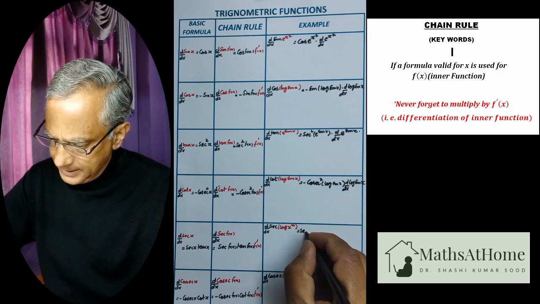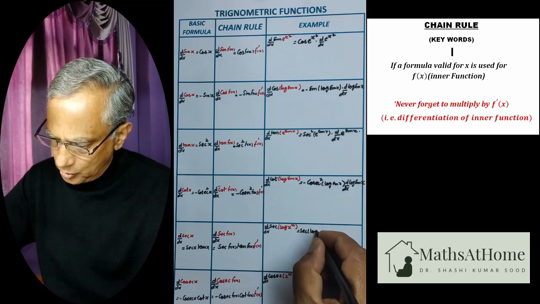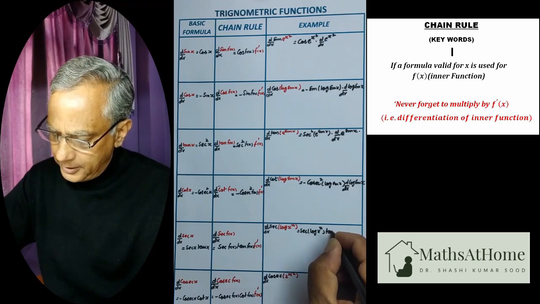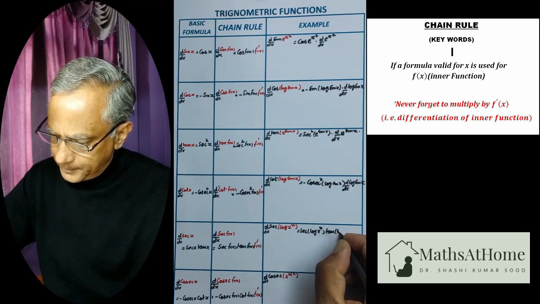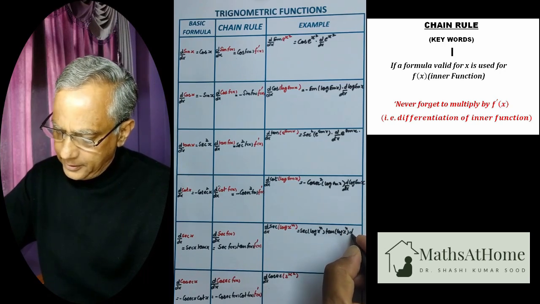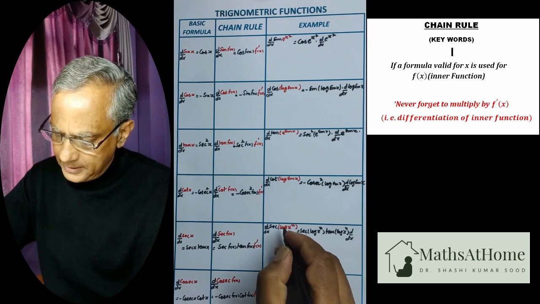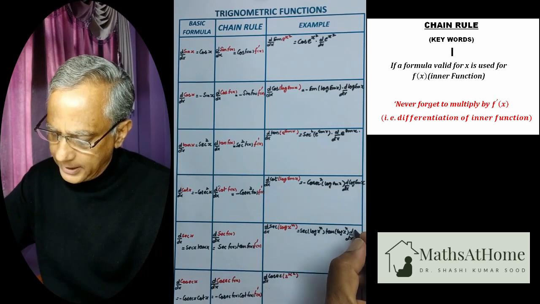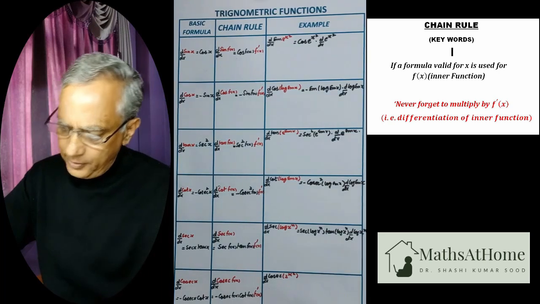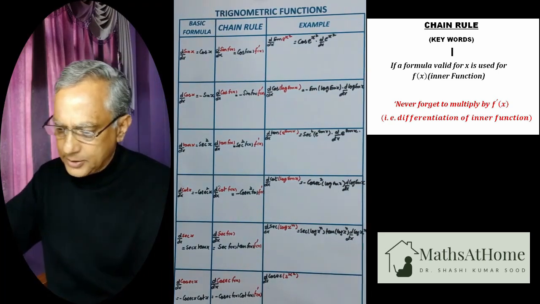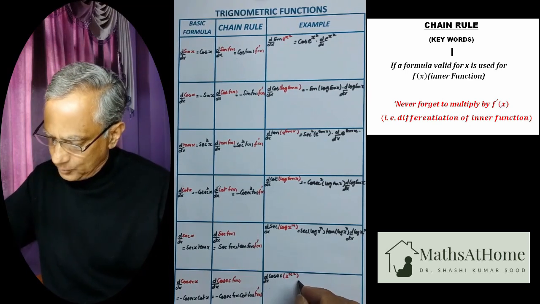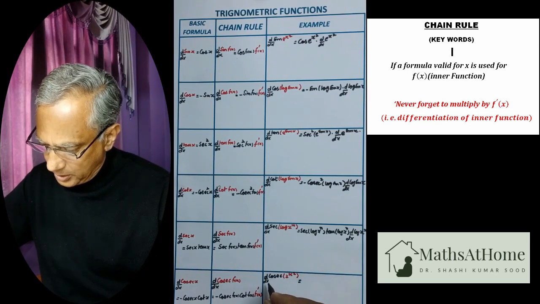So this will be secant log x to the power of n into tangent log x to the power of n into d by dx of the inner function. The inner function is log x to the power of n, and we differentiate it as well.